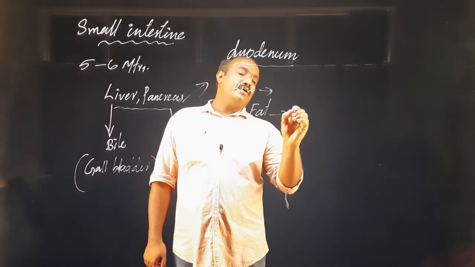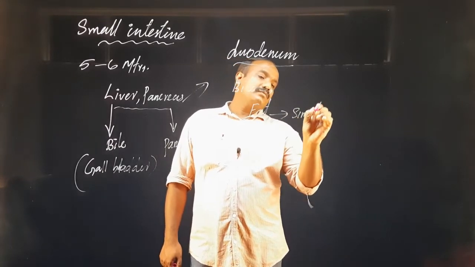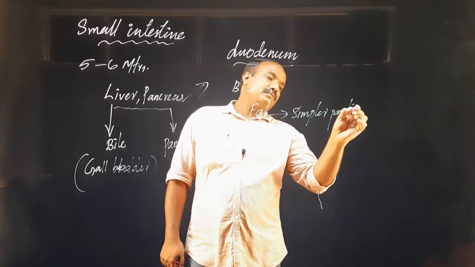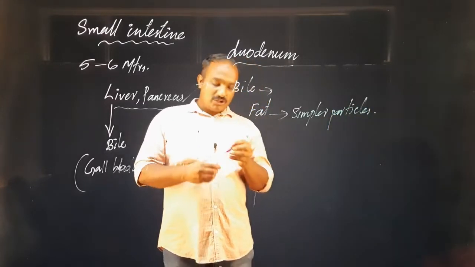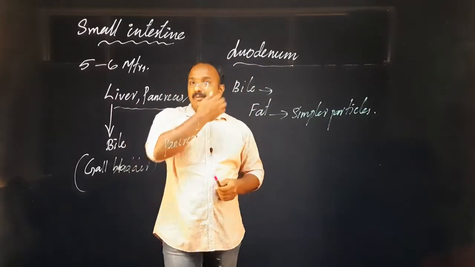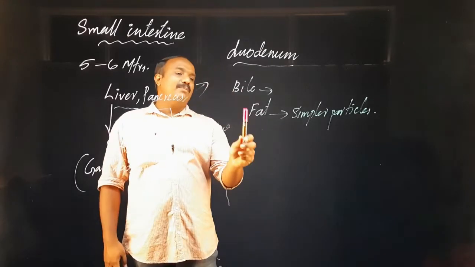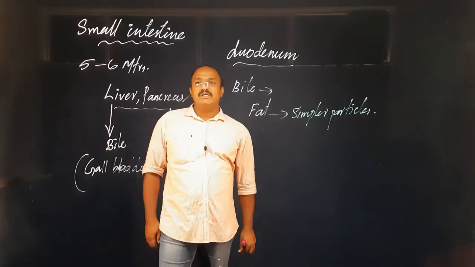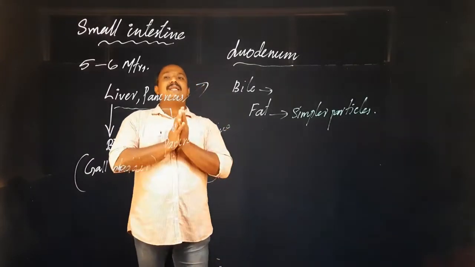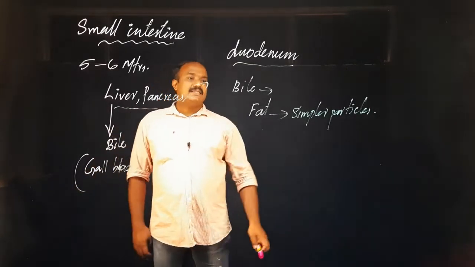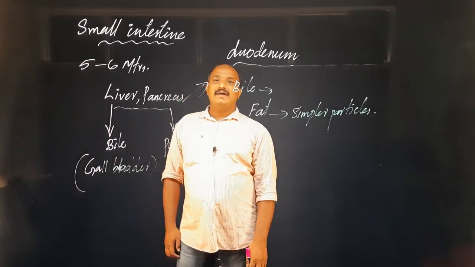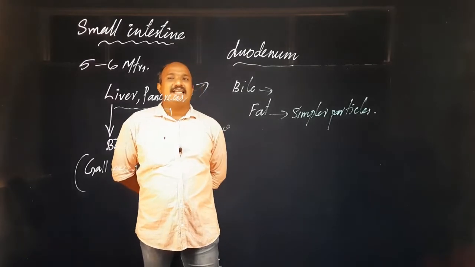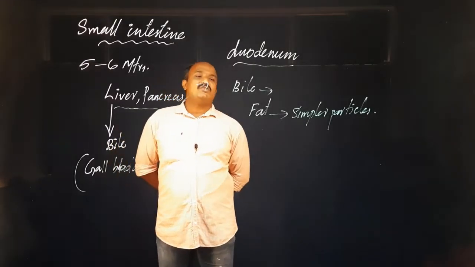Fat will be converted into simpler particles. That is the digestion of fat with the help of bile. So bile helps to convert the fat into simpler particles, simpler substances. That is the function of bile in the digestion of fat.